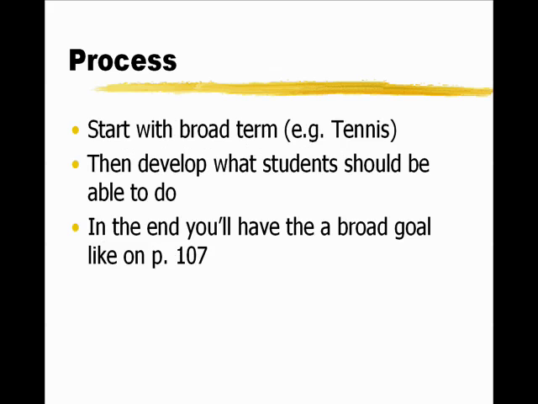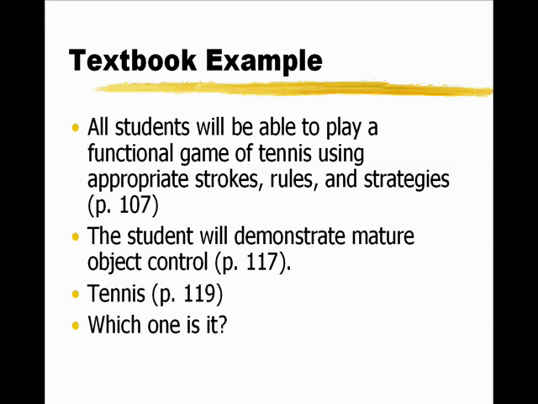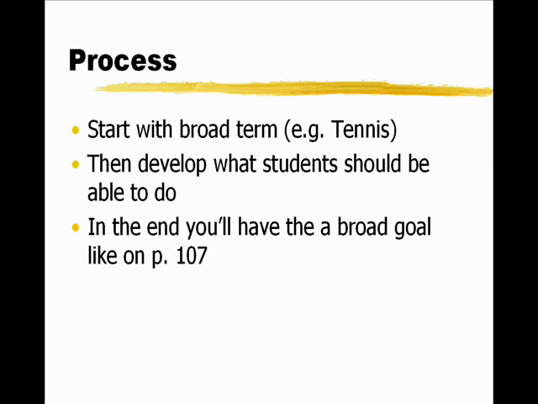The process, the way I'm thinking through this, is that you want to start with some broad terms like tennis, or with the middle one here, mature object control, and become more specific over time when you start describing these.